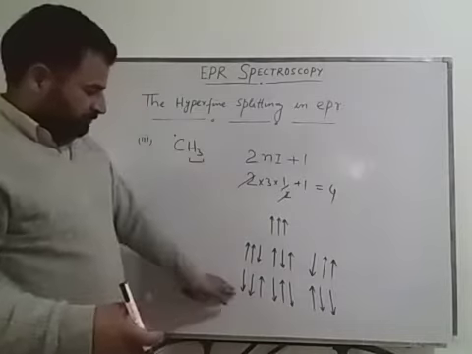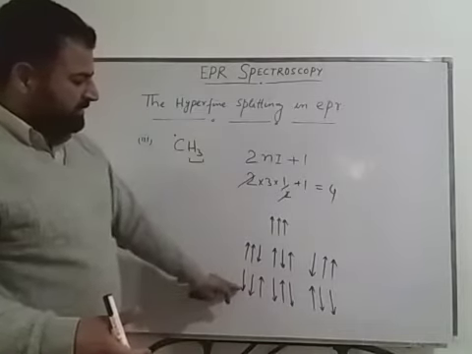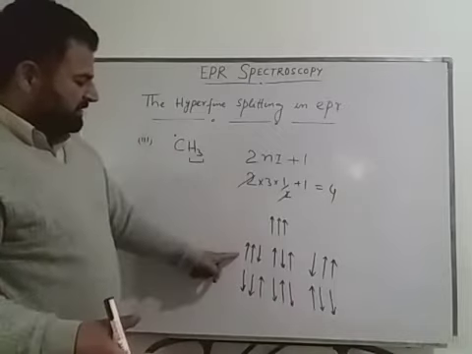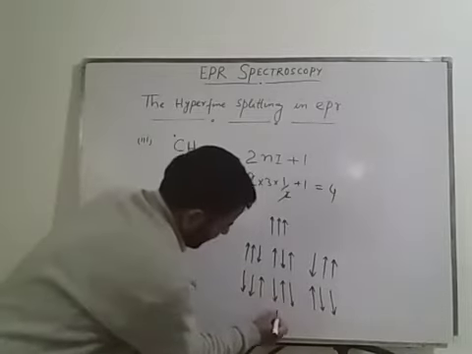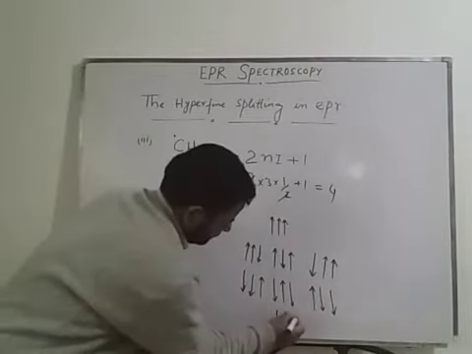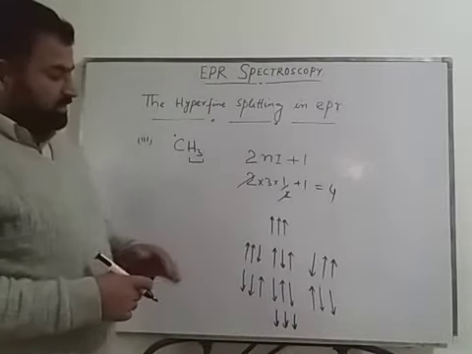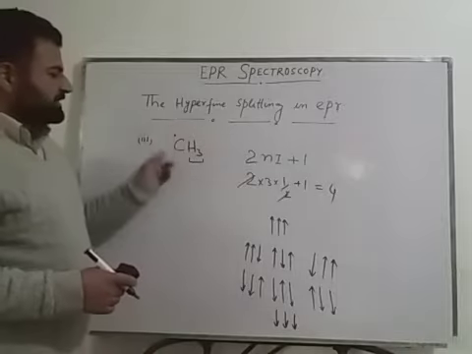This orientation will behave differently with respect to the electronic spin, this will behave differently, and this will behave differently. Similarly, we can have one more orientation where all 3 nuclear spins are downwards. So there are 4 types of orientations which we can observe in this system.